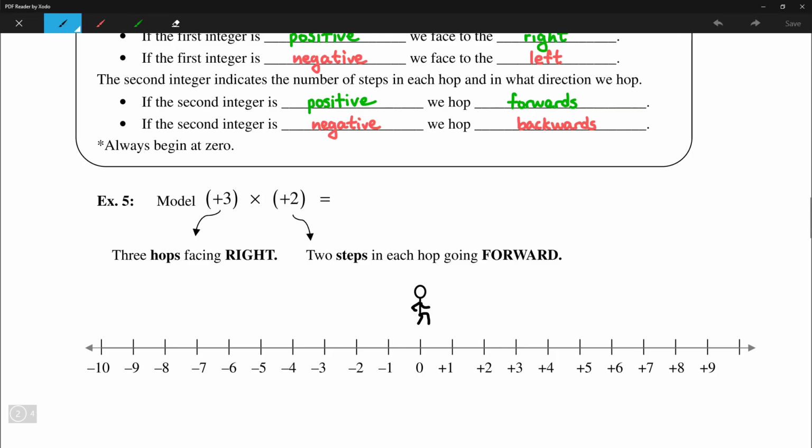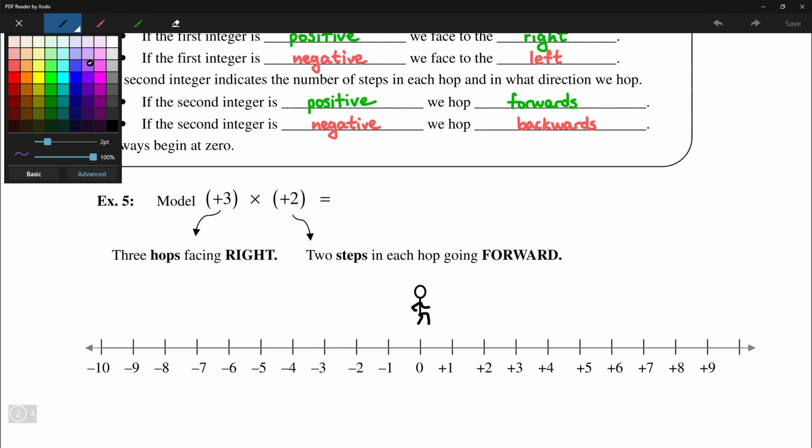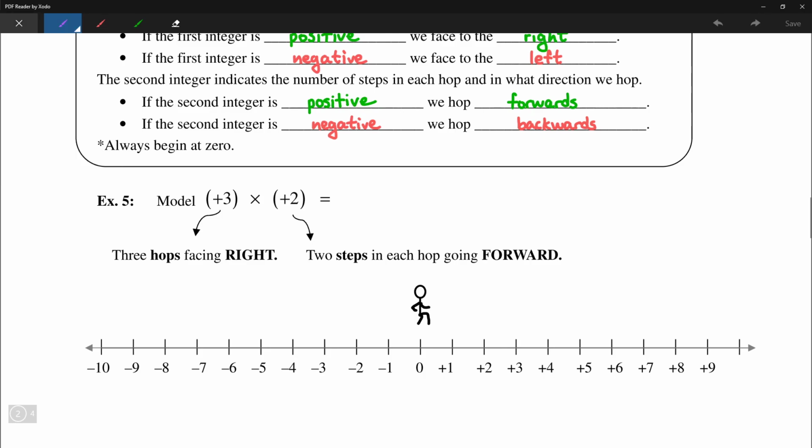This stick figure is taking 3 hops to the right, and each hop is of size 2. So we go from 0 to 2 in the first hop, 2 to 4 in the second hop, and finally 4 to 6 in the third hop. Each hop is positive 2, positive 2, positive 2. So it will give us a product of positive 6.